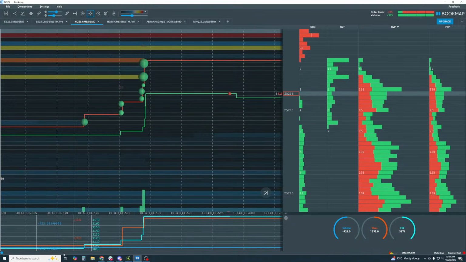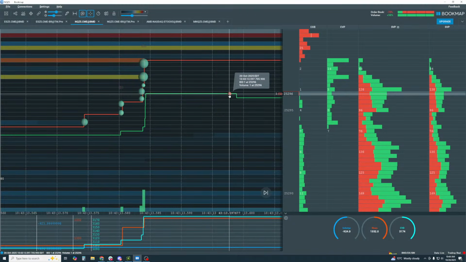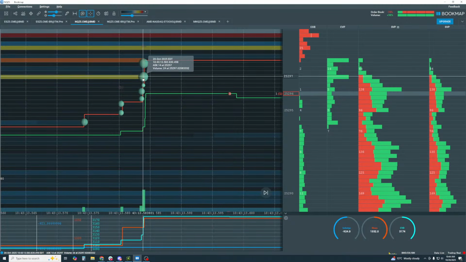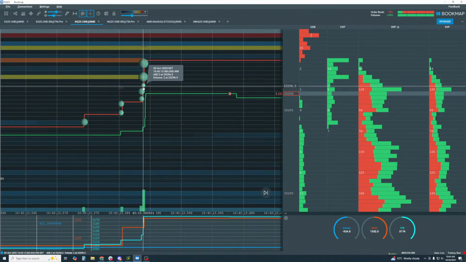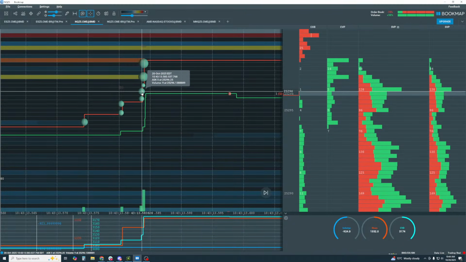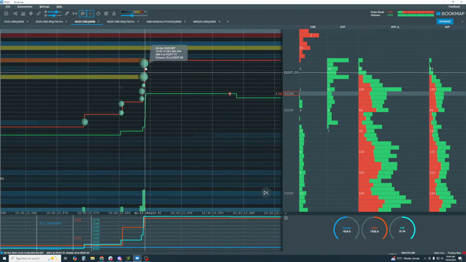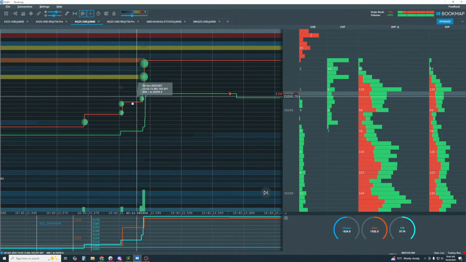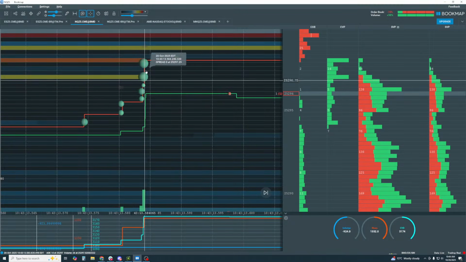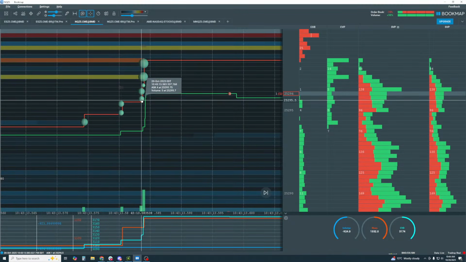I know that in the lower left-hand corner, or you can use this tool here and hover over the dot, and it says volume of 1. How much is over here? 25, 24. This is 2, 9, 5. So you can see that we're up like 60, 70 contracts, whatever, just in this little area here.